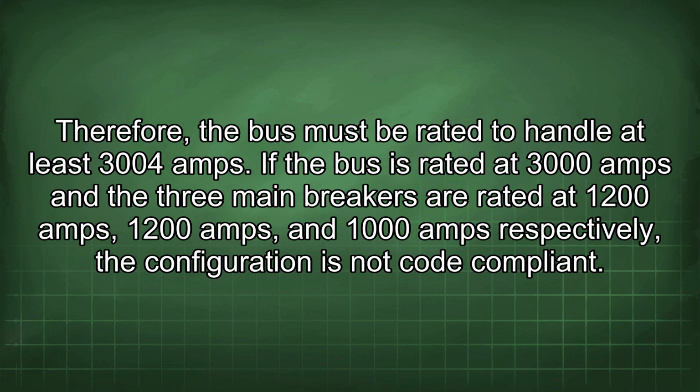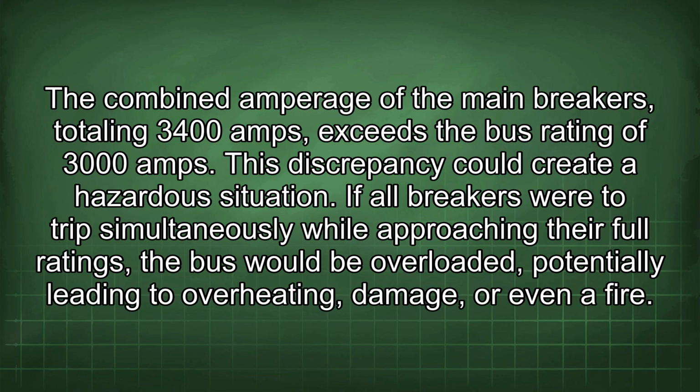If the bus is rated at 3000 amps and the three main breakers are rated at 1200 amps, 1200 amps, and 1000 amps respectively, the configuration is not code compliant. The combined amperage of the main breakers totaling 3400 amps exceeds the bus rating of 3000 amps. This discrepancy could create a hazardous situation.